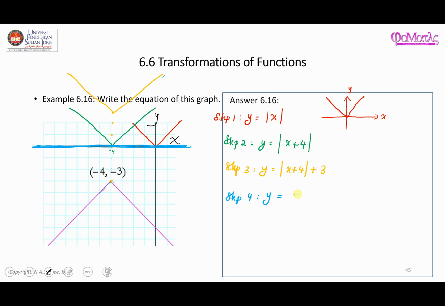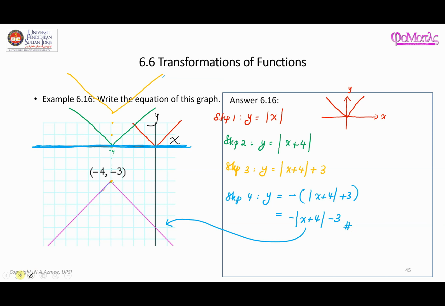So a negative sign outside the whole function, where the function is absolute value of x plus 4 plus 3. That can be finalized as negative absolute value of x plus 4, minus 3. And this is the equation used to describe this given graph.